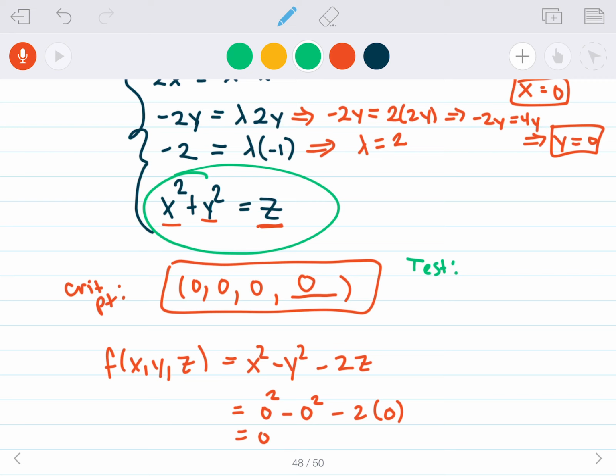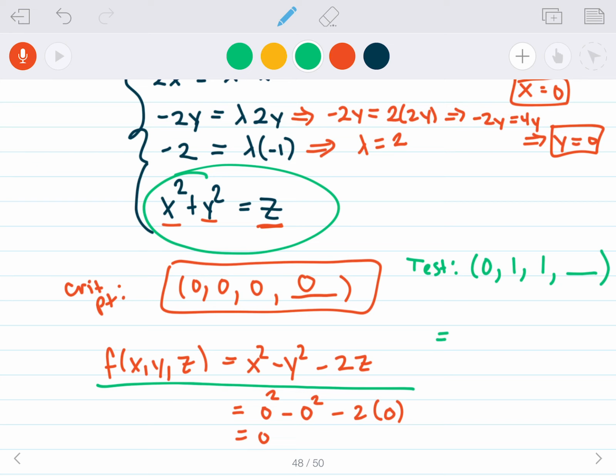How about x is 0, y is 1, z is 1. That is subject to this constraint, right? When x is 0 and y is 1, z is 1. That makes sense. So let's test this point in our actual function up here.